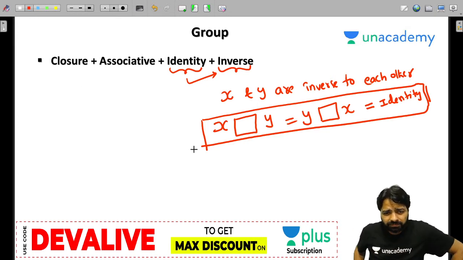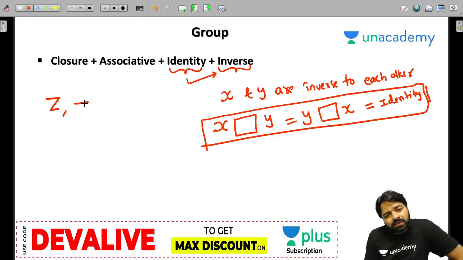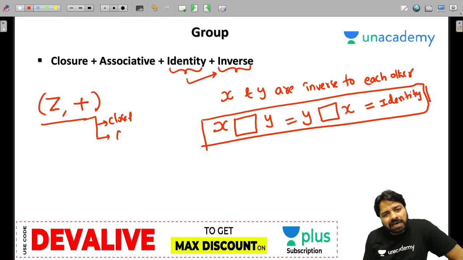Example: of course now you can't go for (N, plus), but I can go for (Z, plus). For N plus, you don't have an inverse, but Z plus is already closed and associative, because plus is always associative, and the identity is 0 here.